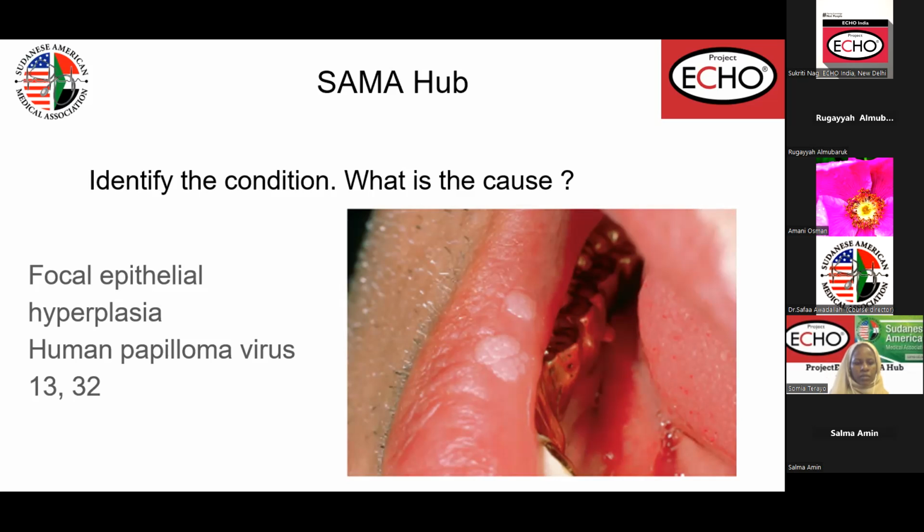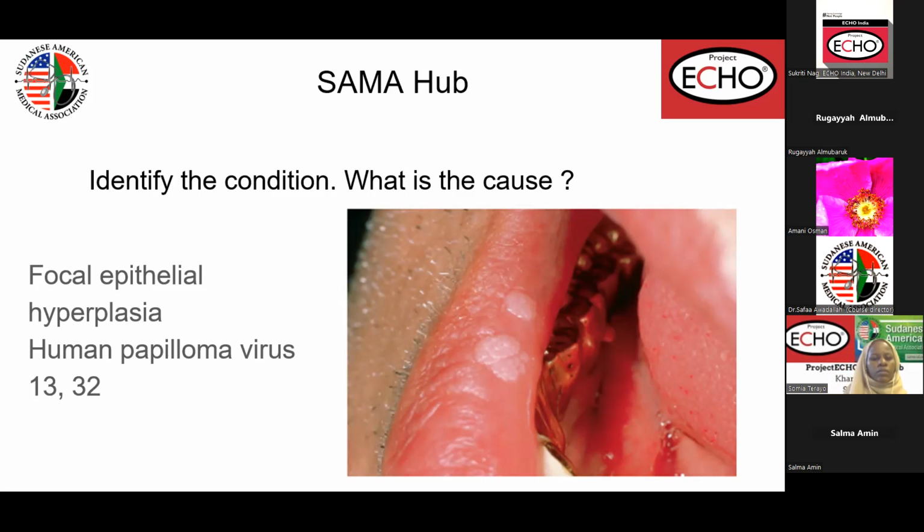The first difference between the two conditions is that the subtype of human papillomavirus is different. 6 and 11 are for condyloma acuminatum, 13 and 32 are for focal epithelial hyperplasia.